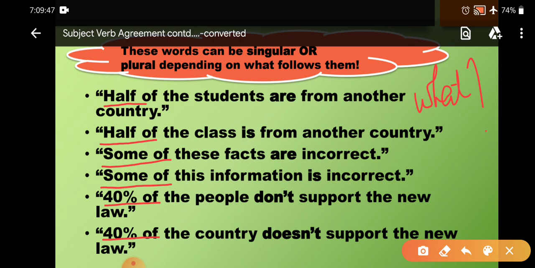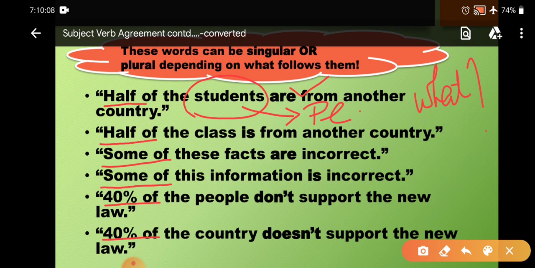Half of what are we talking about? Students. Now, what is students? Tell me, is it singular or plural? It is plural. Okay. So, half of the students are, because of this plural.